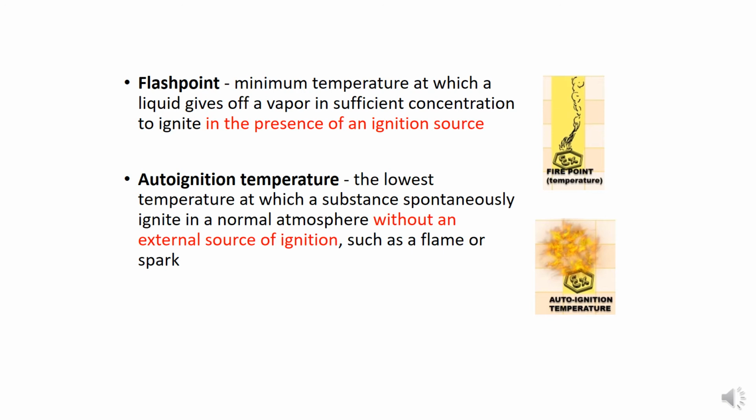Some chemicals mention a flash point temperature or auto ignition temperature. So what does flash point temperature mean? Flash point is the minimum temperature at which a liquid gives off vapors in sufficient concentration that it can ignite, it can catch fire in the presence of an ignition source.